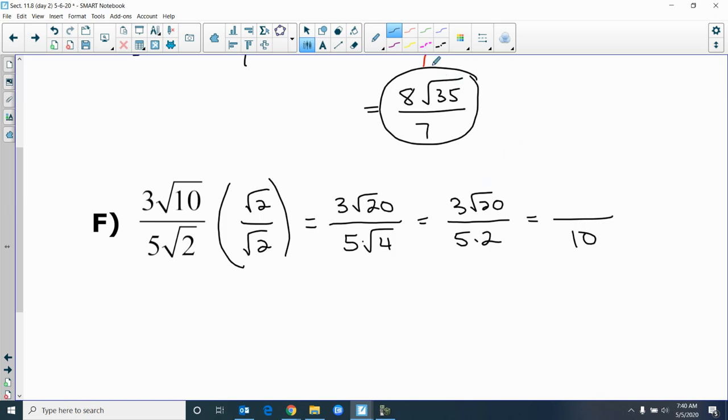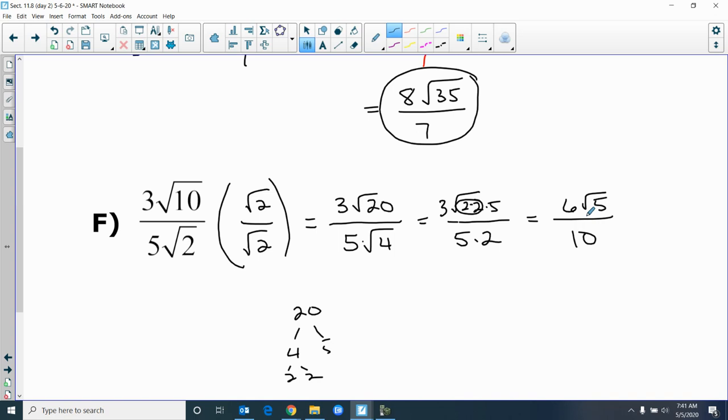All right, well, square root of 20. Let me do something here. I'm going to go back. 20, I need to do a factor tree on that one. That's 4 times 5. That's 2 times 2. So I have a pair of 2's, multiply 2 times 3, 6 square root of 5.